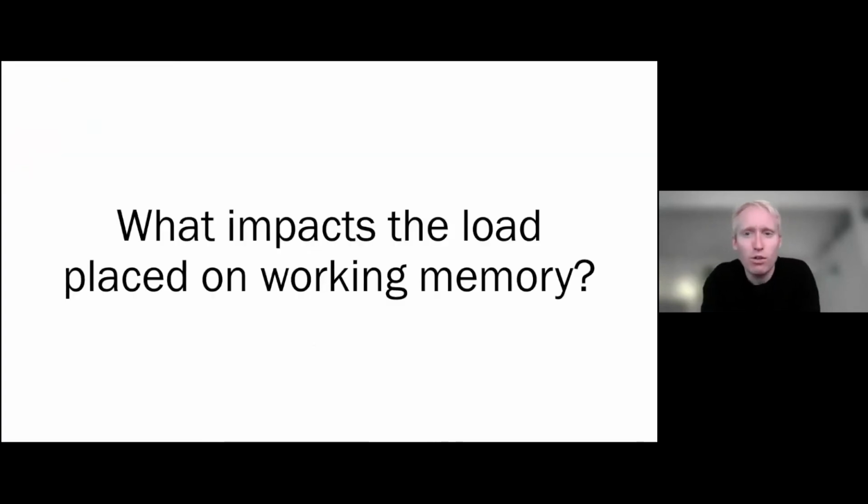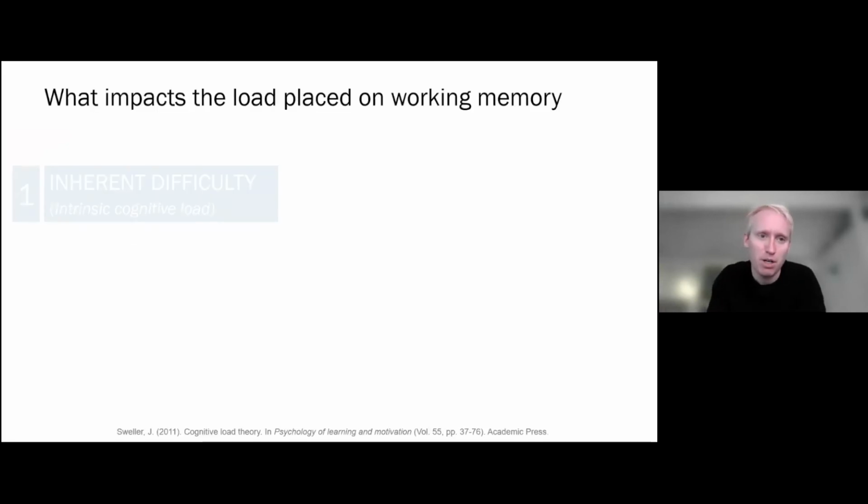Researchers that are particularly interested in working memory and how to maximize it focus on what strains working memory, or what overwhelms working memory. And this part of research is called cognitive load theory. Cognitive load researchers typically split the sources that put a demand on working memory into 3 different parts.